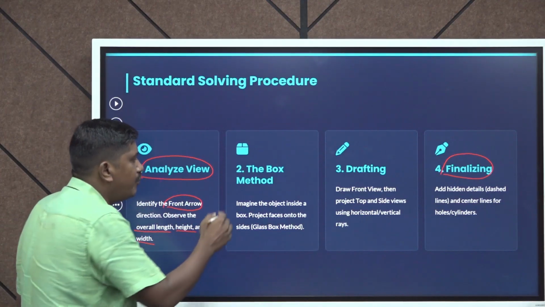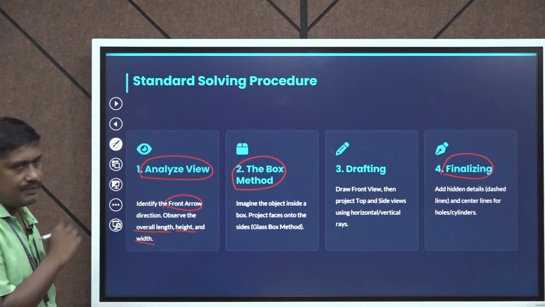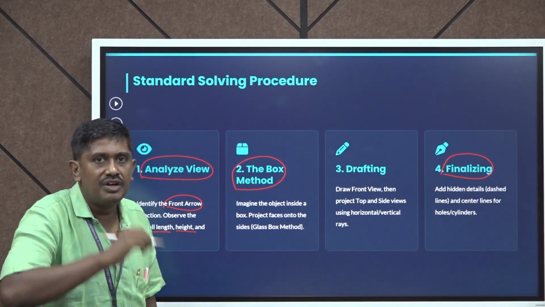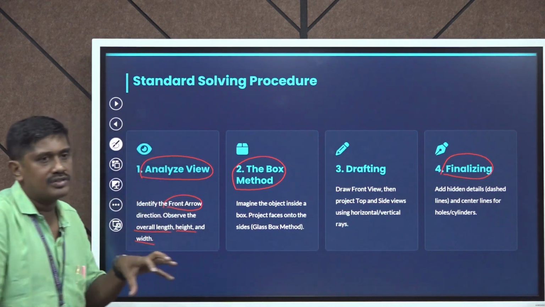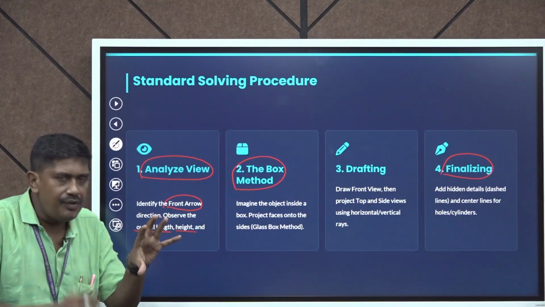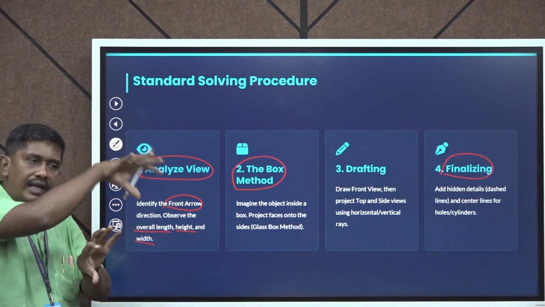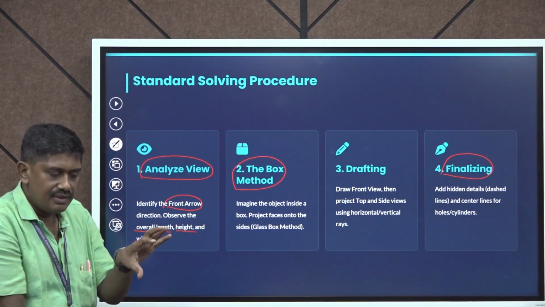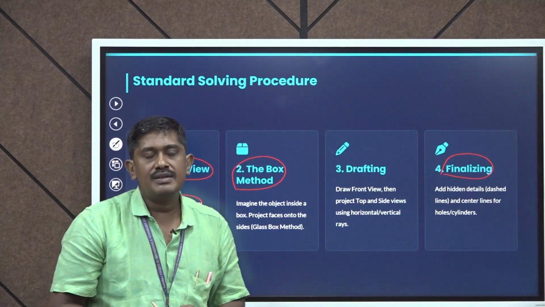And the second, very important for a design engineer, is the box method. The box method is widely used in conversion of 3D to 2D. Imagine the object inside the box, that is very important. What is the box? The front view as a box, right side view as a separate box, left side view as a separate box, top view as a separate box, bottom view as a separate box and back view also as a separate box.